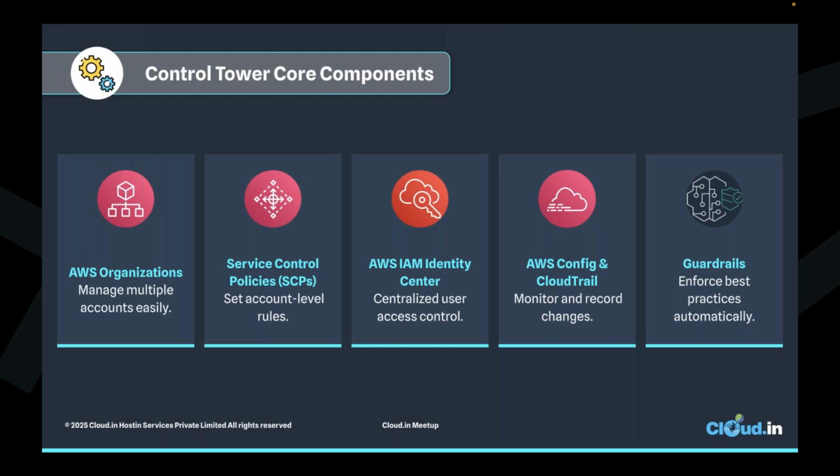Next are guardrails. Guardrails are best practices which are enforced automatically. Guardrails are predefined policies in Control Tower that help enforce AWS best practices. They can be preventive, stopping unwanted actions before they happen, or detective, alerting you when something goes wrong.